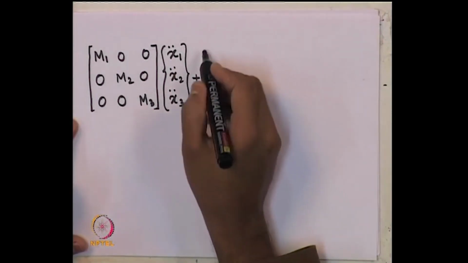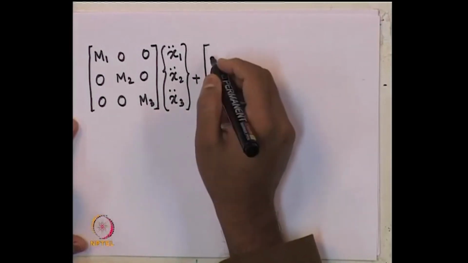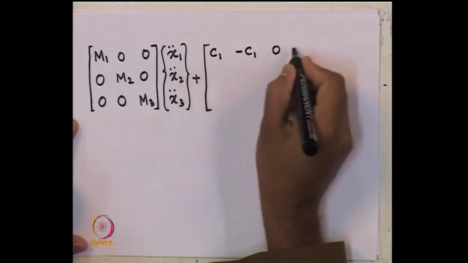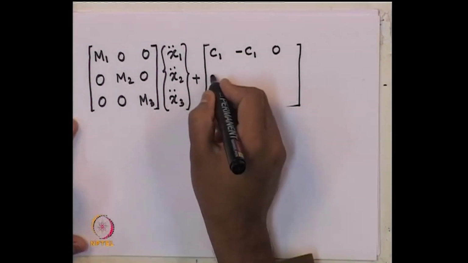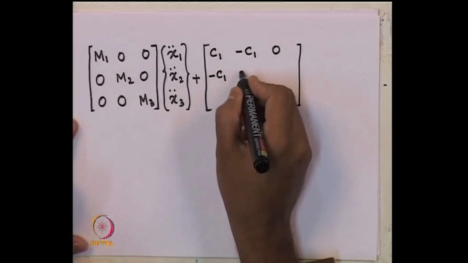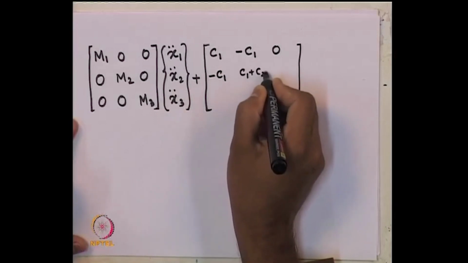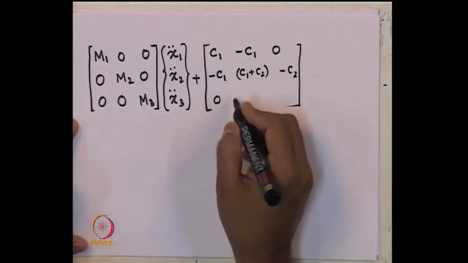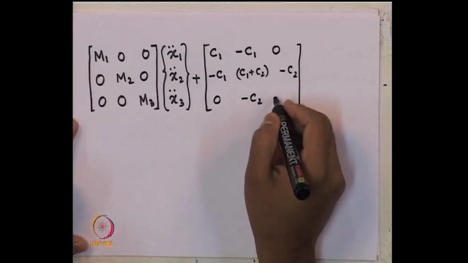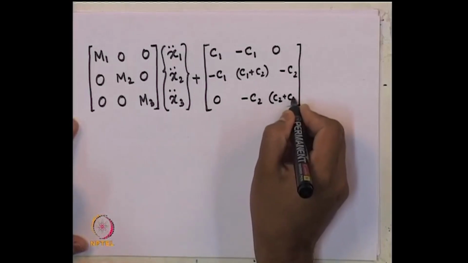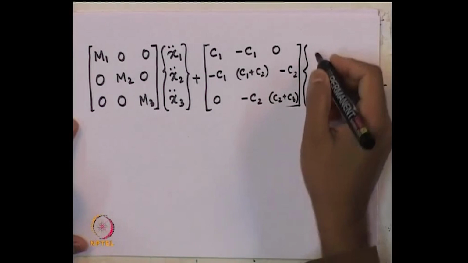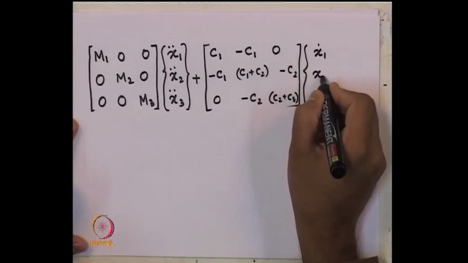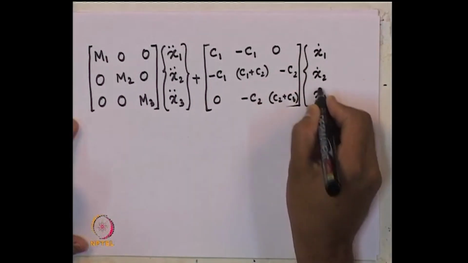Then I have the next matrix: C1, minus C1, 0; minus C1, C1 plus C2, minus C2; 0, minus C2, C2 plus C3, and the associated vector is the velocity vector x1 dot, x2 dot, x3 dot.